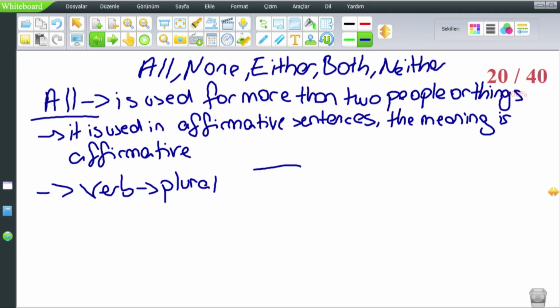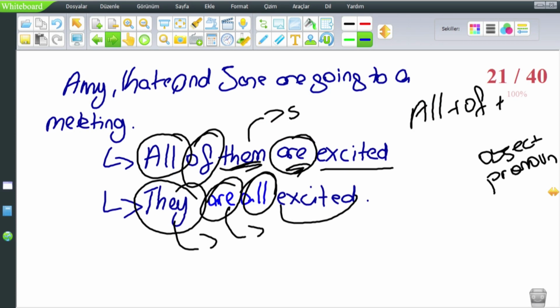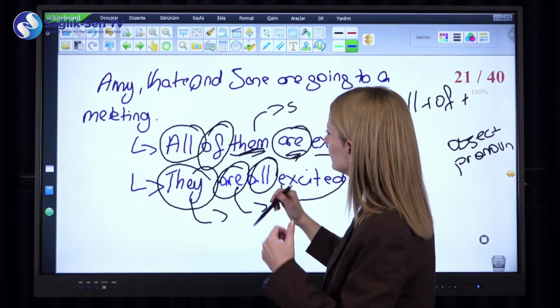It is used in an affirmative sentence and also gives an affirmative meaning. Our verb is definitely plural.